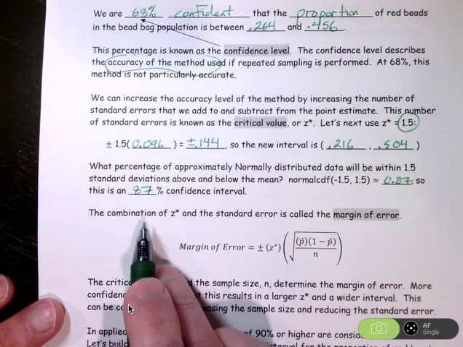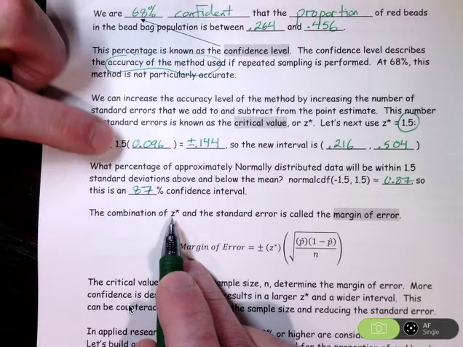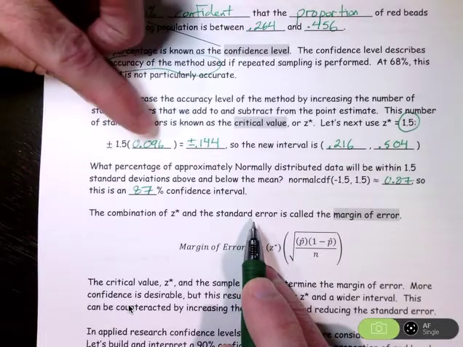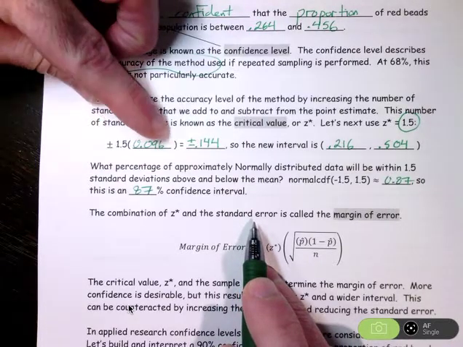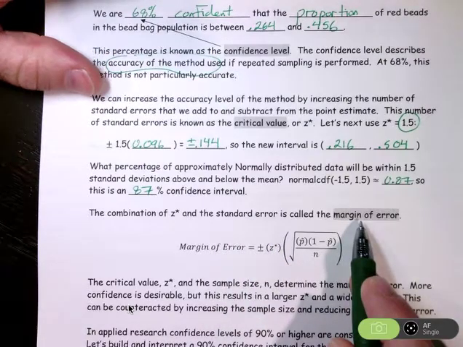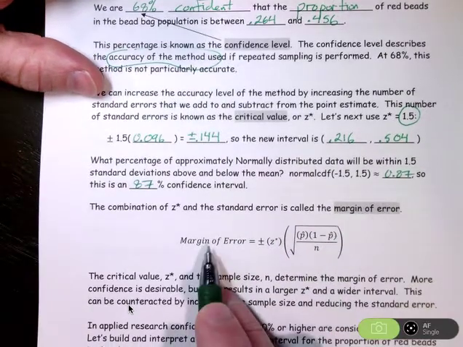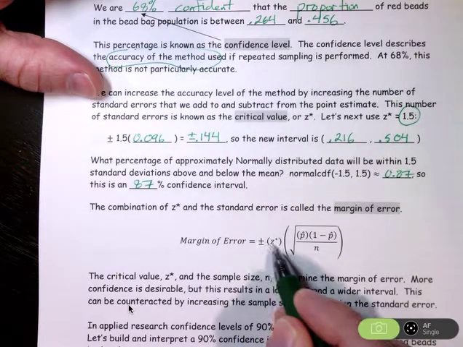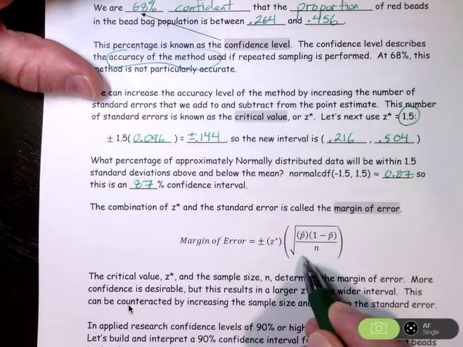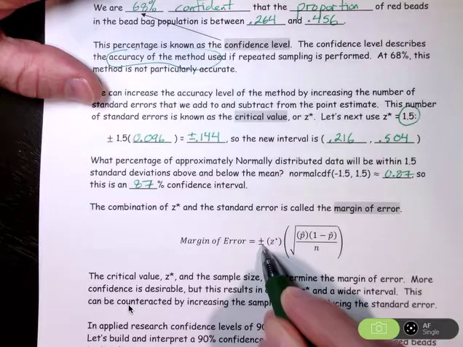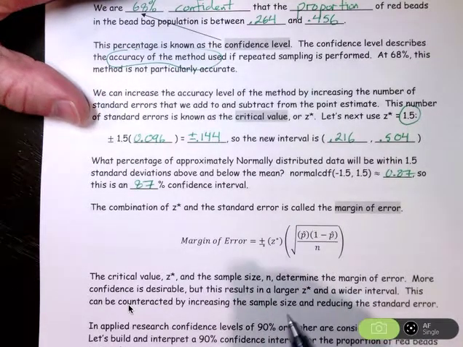So the combination of Z star, which in the above example was 1.5, and the standard error, which was 0.096 in this example, is called the margin of error. So the margin of error is plus or minus the critical value, which is just a specific number of standard errors that we are going to use above and below the point estimate in order to make our confidence interval.